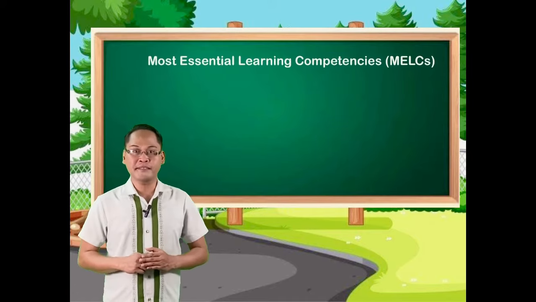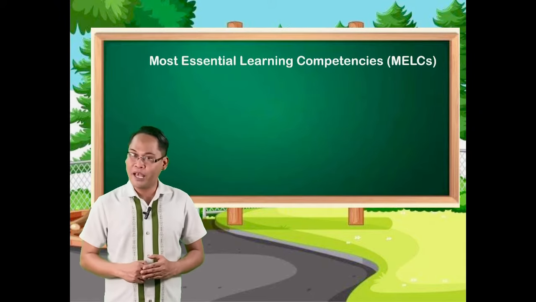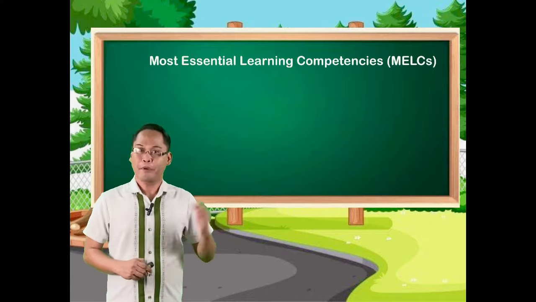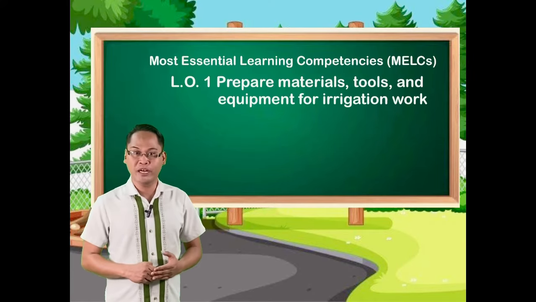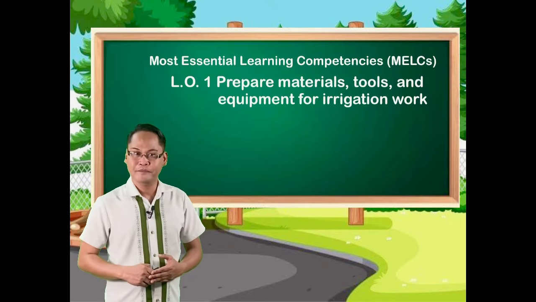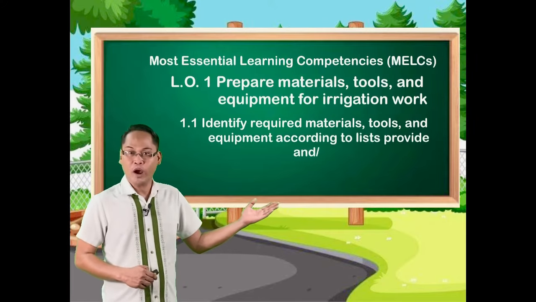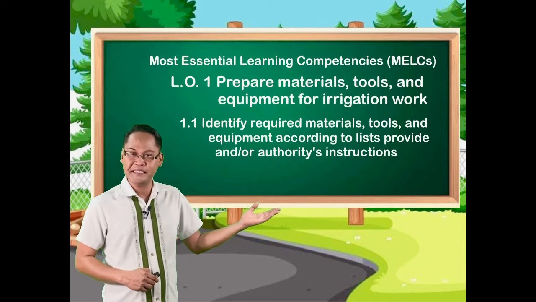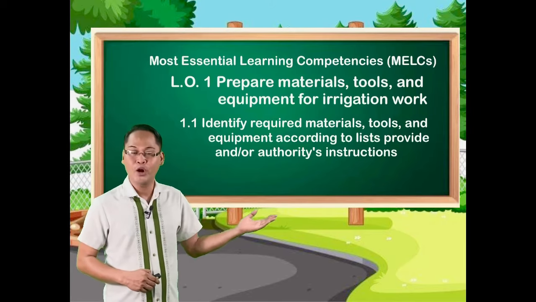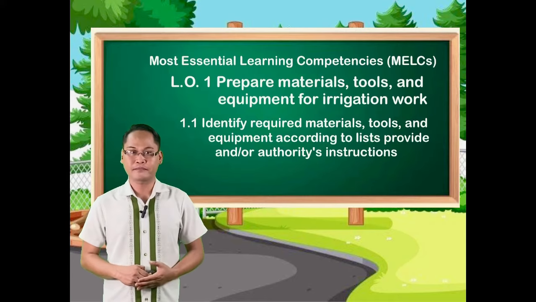These are the most essential learning competencies, or MELCs, in this episode. Prepare materials, tools, and equipment for irrigation work, with the sub-competency: identify required materials, tools, and equipment according to the list provided and/or authority instructions.